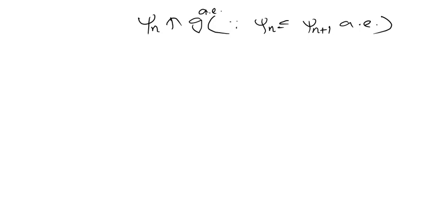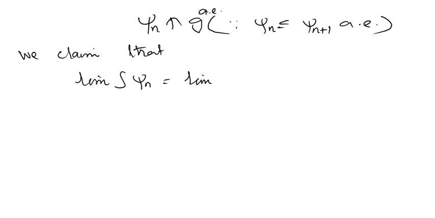So now we see that, let's write it as, we claim that the limit of the integral of psi n is the same as the limit of the integral of fn.